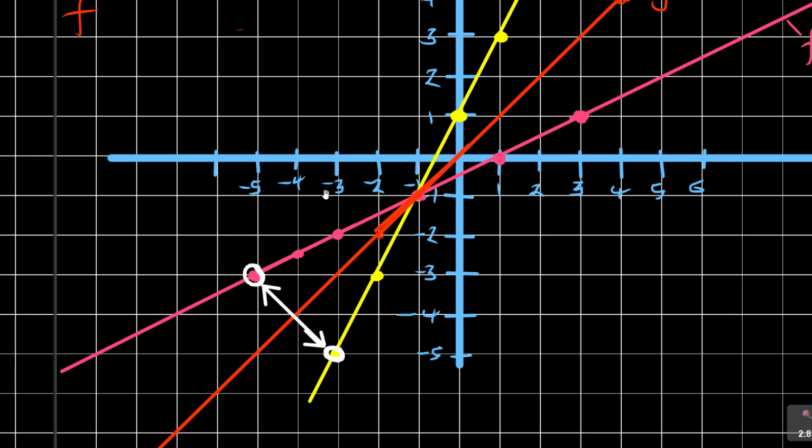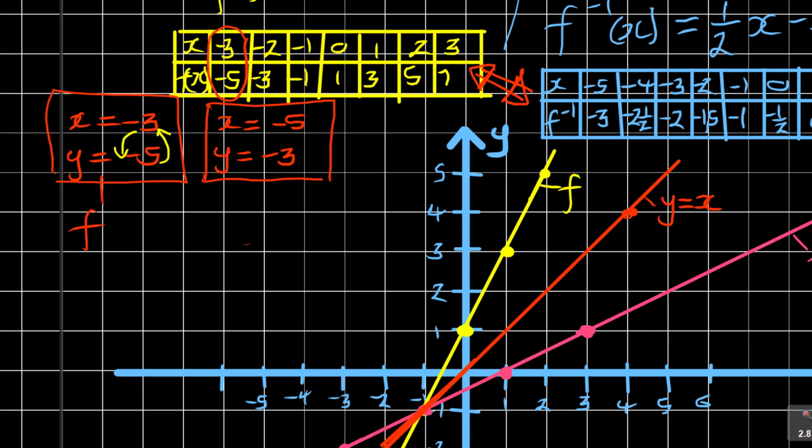Alright, now let's choose another point. If, for example, I need whole numbers, -2 and -3, if you interchange, look at this. If x is equal to -2, y is equal to -3, if I interchange these, what will I have? I'll have x is equal to -3, y is equal to -2.